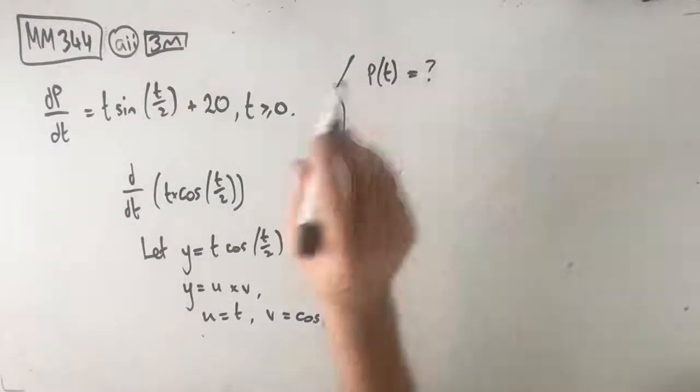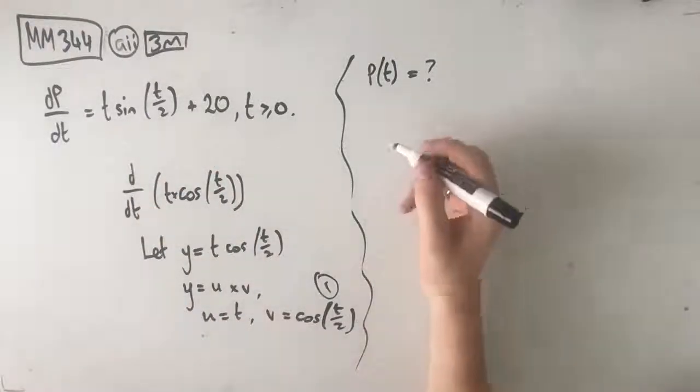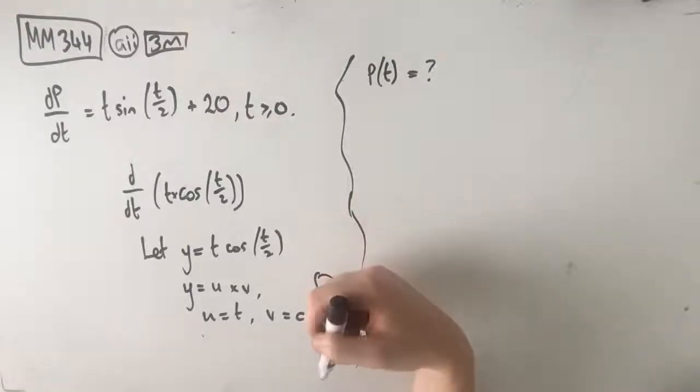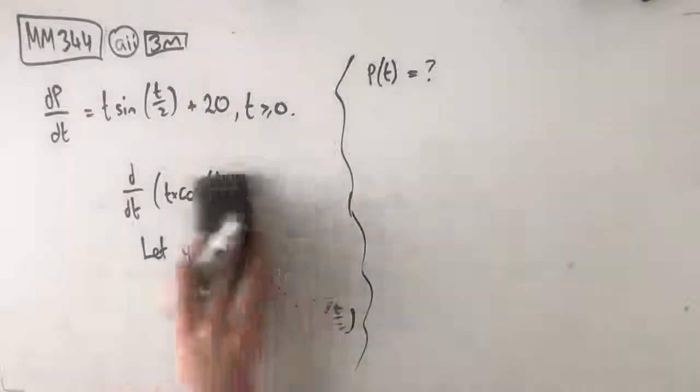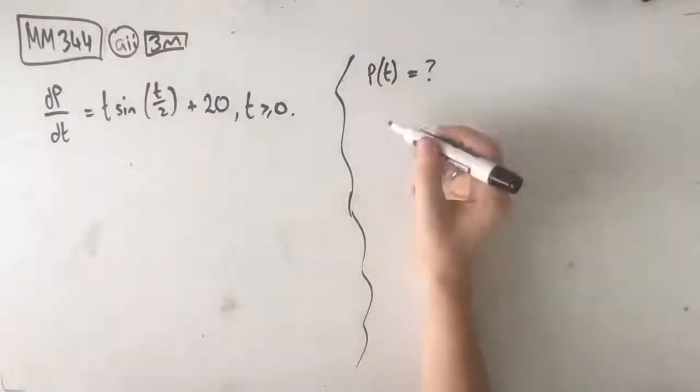So in order to do that, we're going to need to anti-derive our dp dt, okay? Because it says hence, we're going to need to use the previous question in our answer, which is the derivative of t cos t on 2.